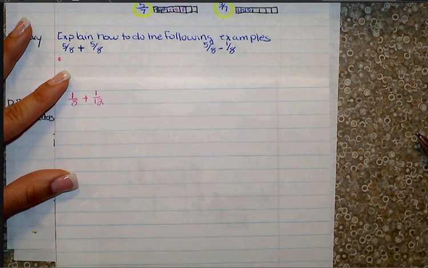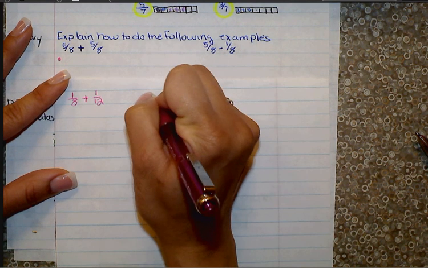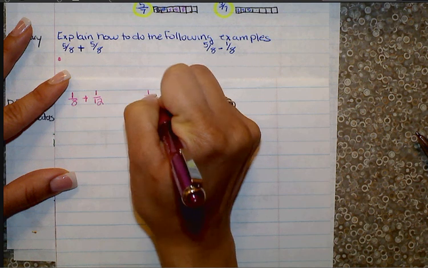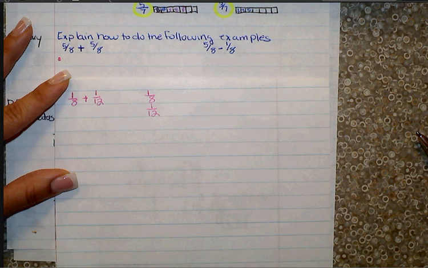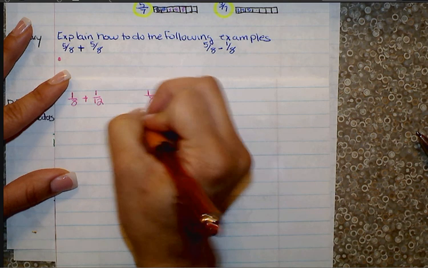Now these have different denominators. You have to find the least common multiple for the denominator. Okay, so the first thing I'm going to do is line them up vertically. Remember that goes up and down, and then, like Mr. Jacoby said, I need to find my least common multiple.